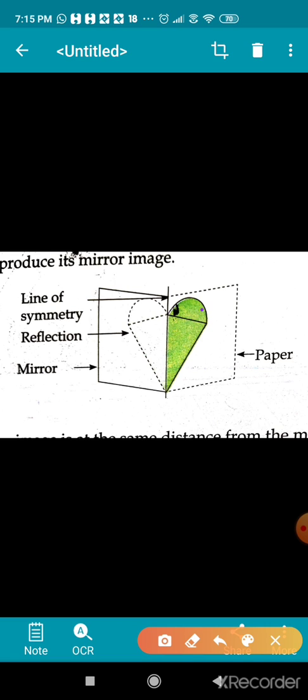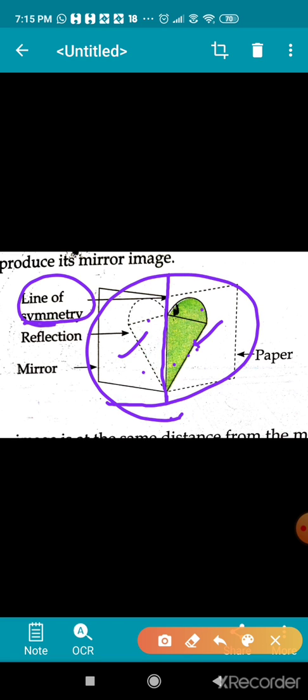Here is half of the leaf, you can see in this picture, and across this leaf a mirror is placed. So what you will get? You will get reflection of this leaf here on the left side. So where you have placed the mirror, that line is known as line of symmetry, and this is reflection, or you can say this is a mirror image.